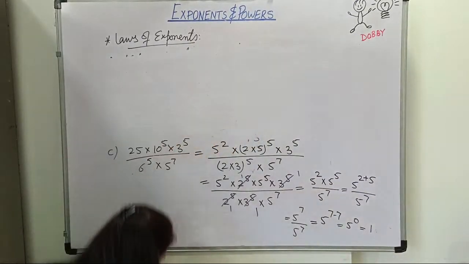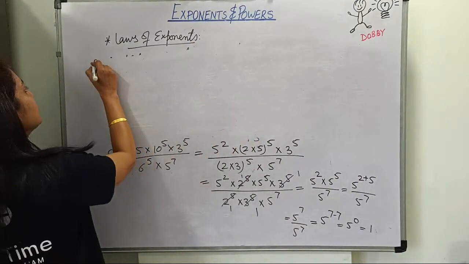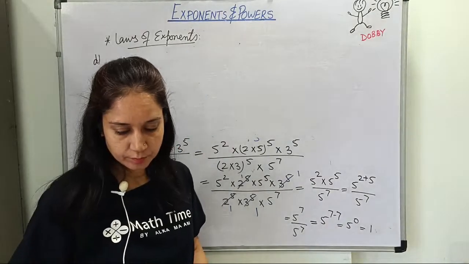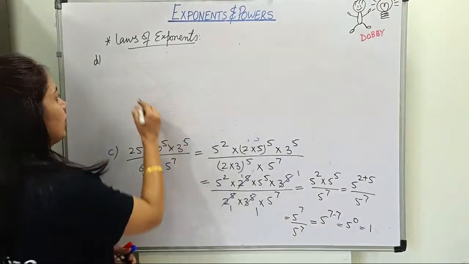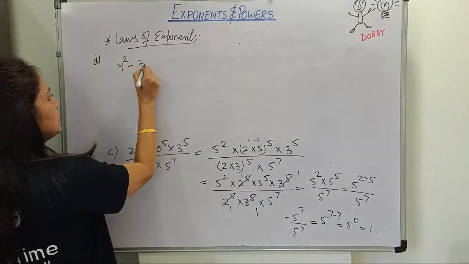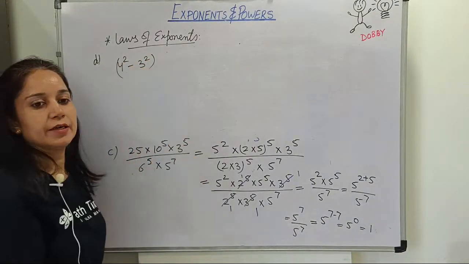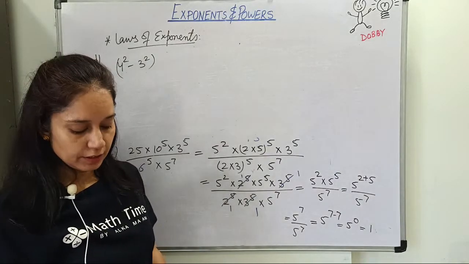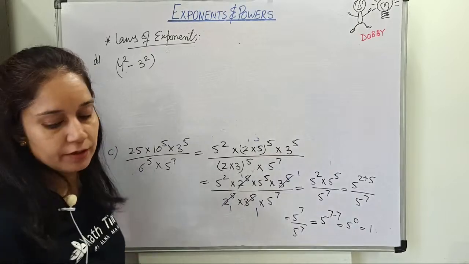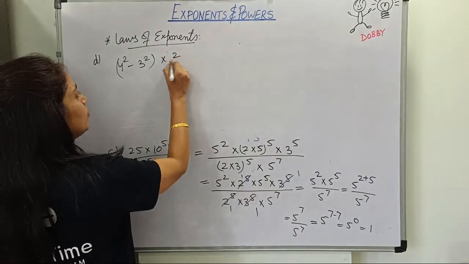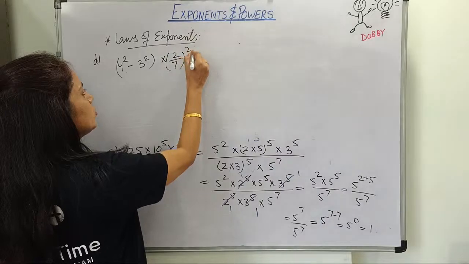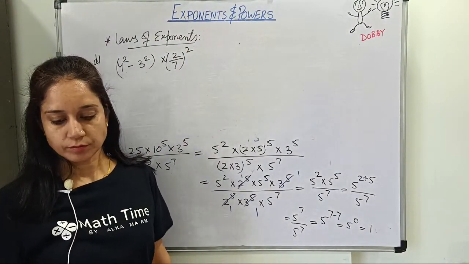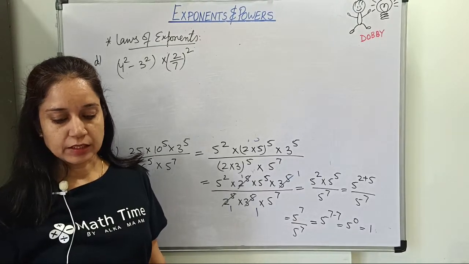The question is asking us 4 raised to the power 2 minus 3 raised to the power 2 in one bracket, multiplied by 2 upon 7 raised to the power 2. This is the question.